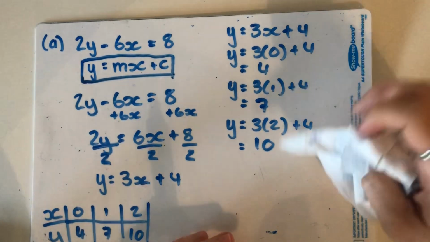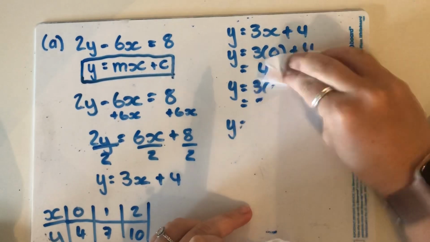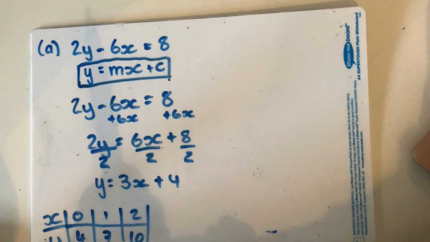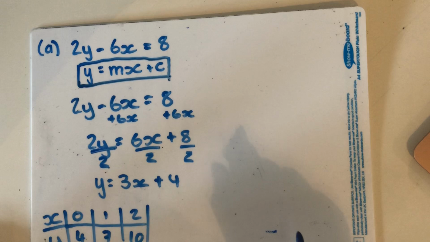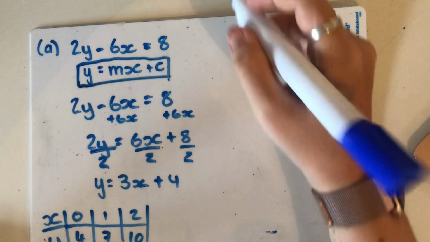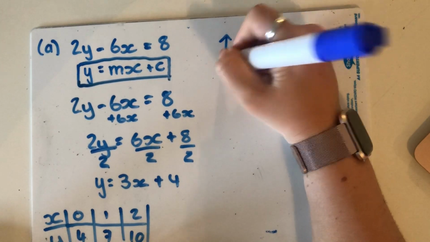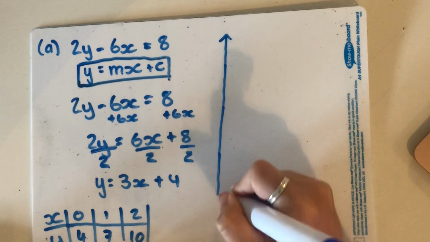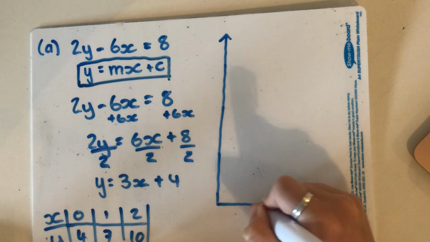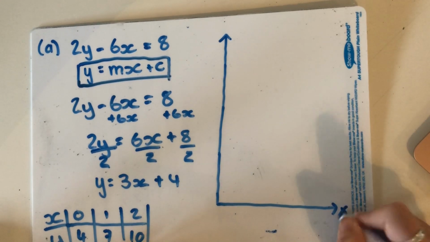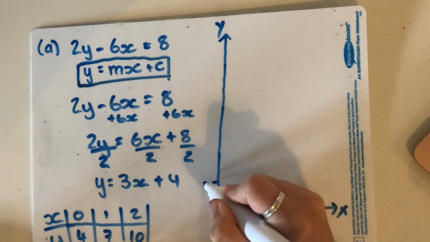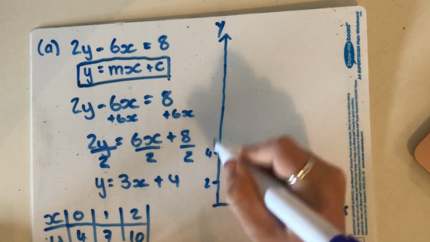Okay, I'm going to rub this out so I have space. Okay, and then we're just sketching it the exact same as before. Okay, so your y-axis is going to need to be pretty tall. Okay, so you've got your x-axis, your y-axis. I'm just going to quickly do that up in 2s.